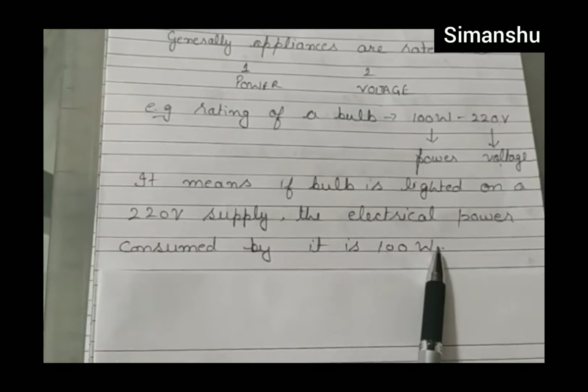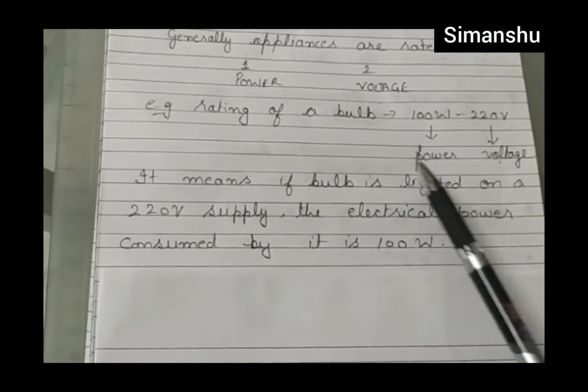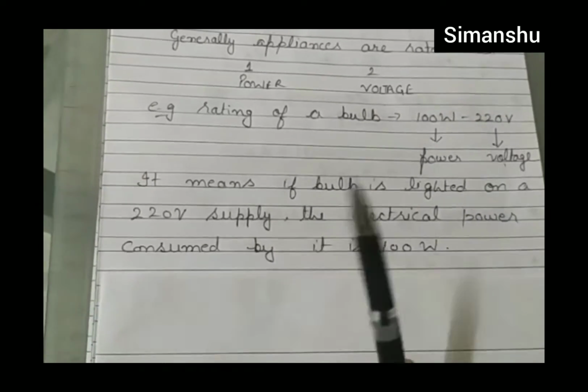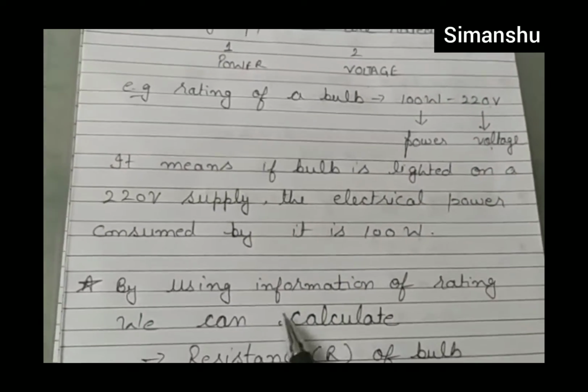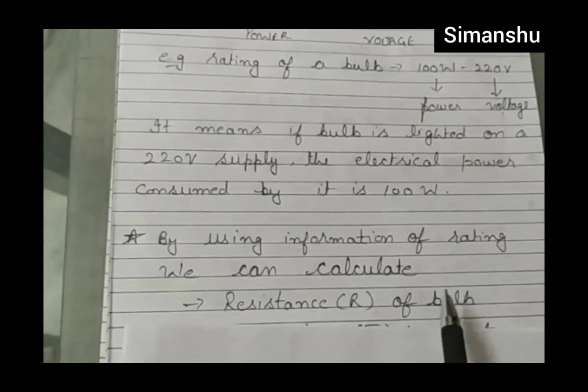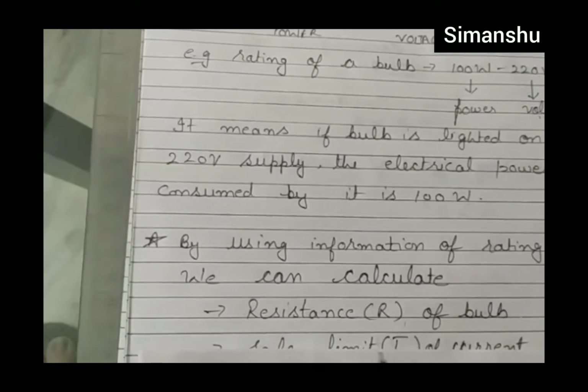What is the meaning of power rating and which things are mentioned here? From the mentioned rating you can get power and voltage. What other things can you calculate? Let us see. By using this rating information we can calculate the resistance of the bulb, by using a formula, which we will discuss.